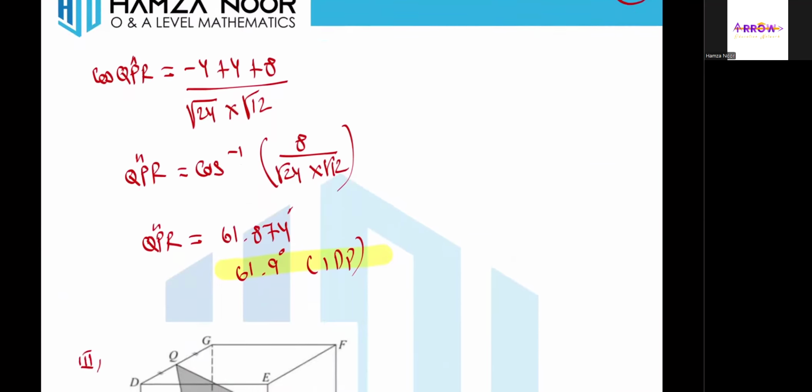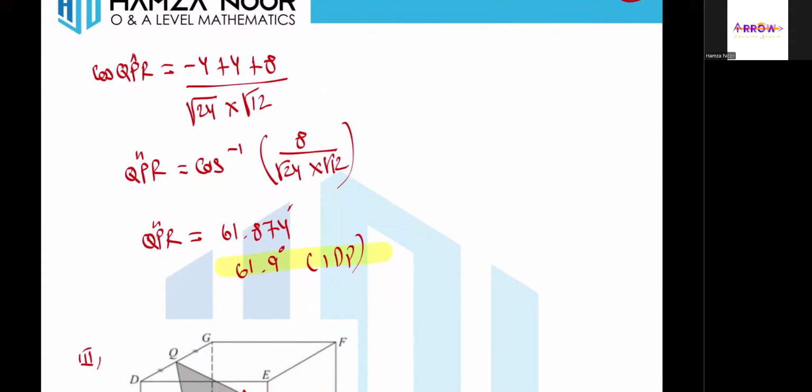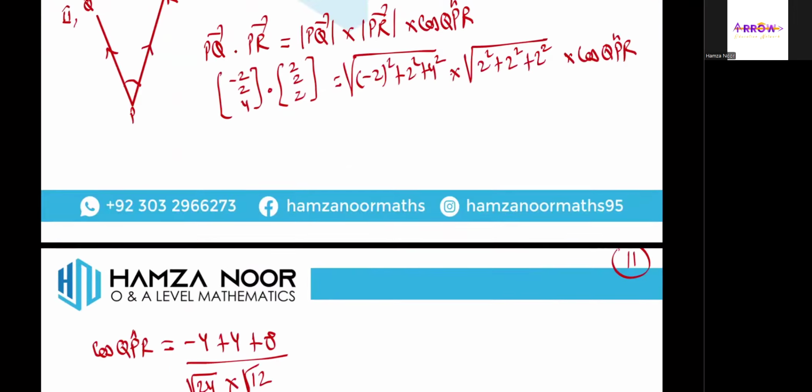So the scalar product has a positive value, which is 8. So QPR is equal to cos inverse of 8 divided by root 24 times root 12. Just put this in your calculator. So QPR is equal to 61.874 degrees, and correct to 1 dp, 61.9 degrees. This was the requirement of part 2.